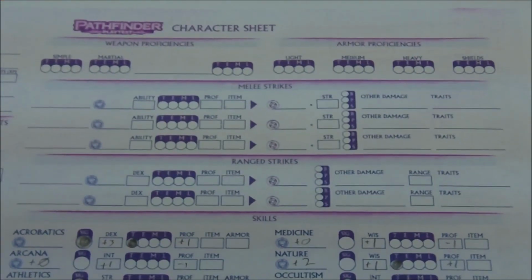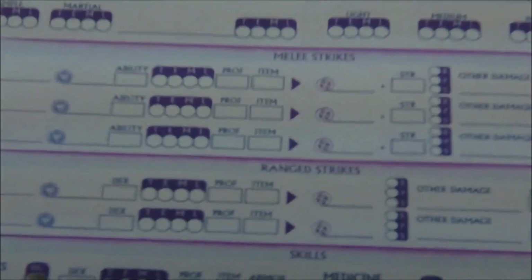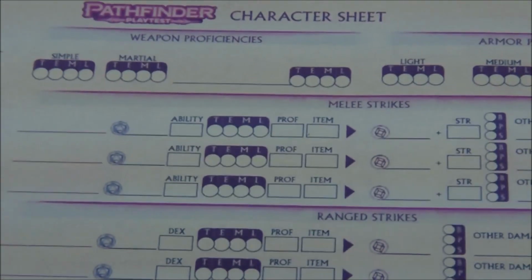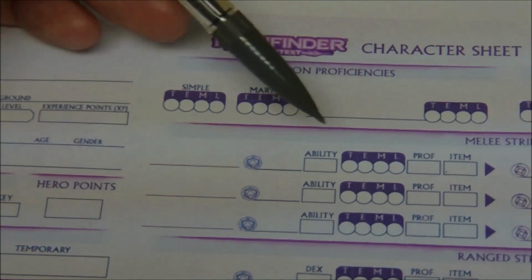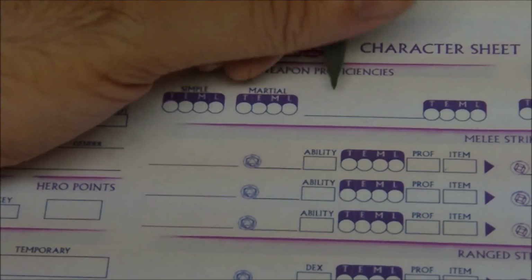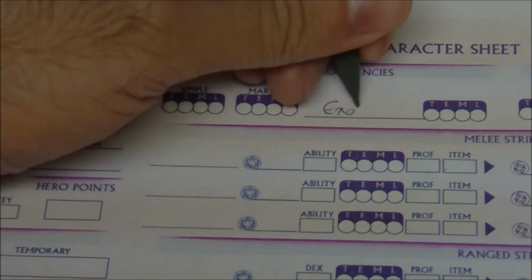Alright, going up the sheet a little bit here, we've got our weapons. So we've got simple, martial, and then we have a blank there, so I'm trained in all exotic.